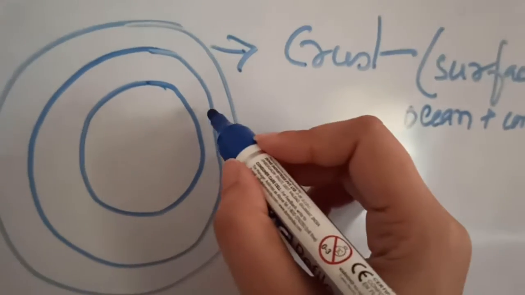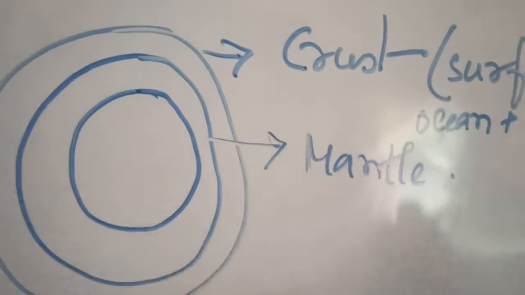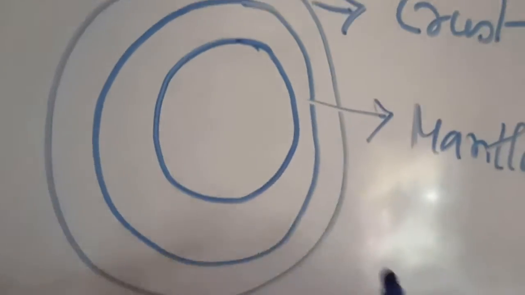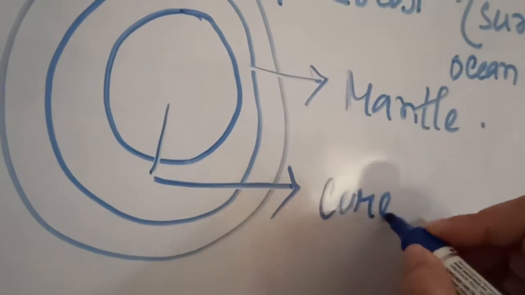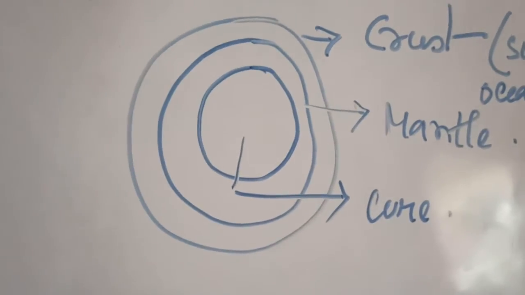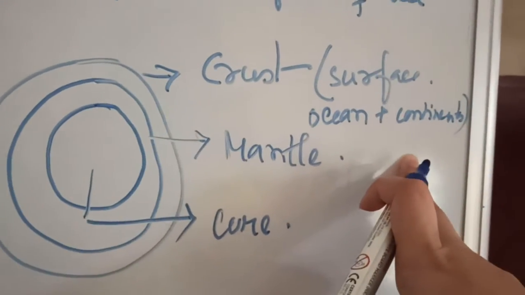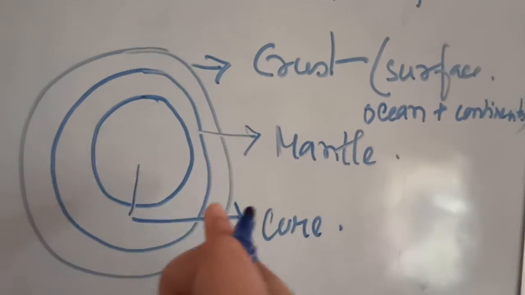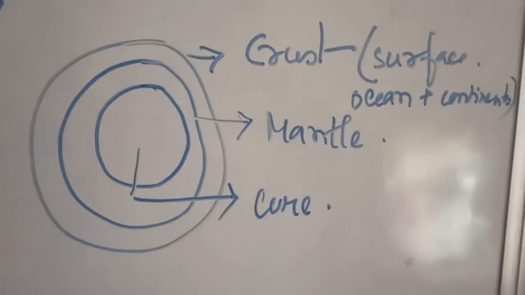Then the next layer is the mantle, the second layer of the earth, and the last, innermost layer is known as the core. So the structure of the earth is divided into three sections: the crust, which consists of both the ocean and the continental portion, then the mantle, and the core. Now let us see in detail about all these layers.